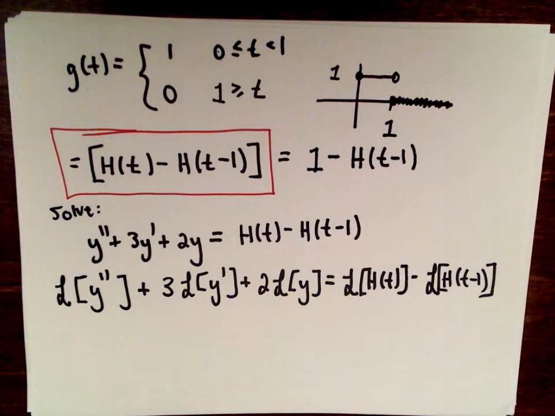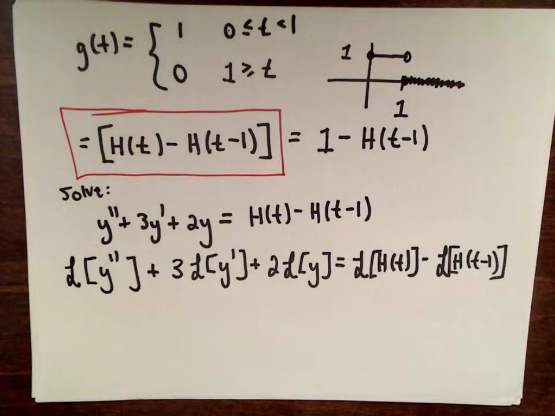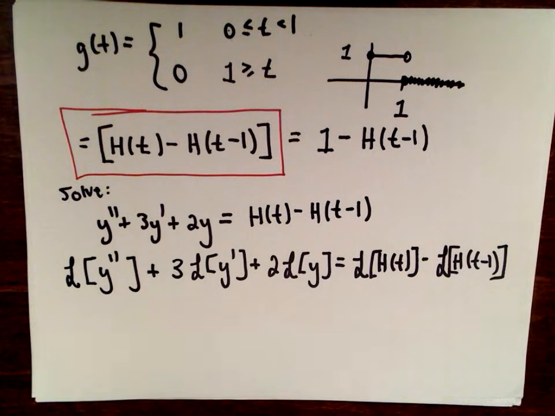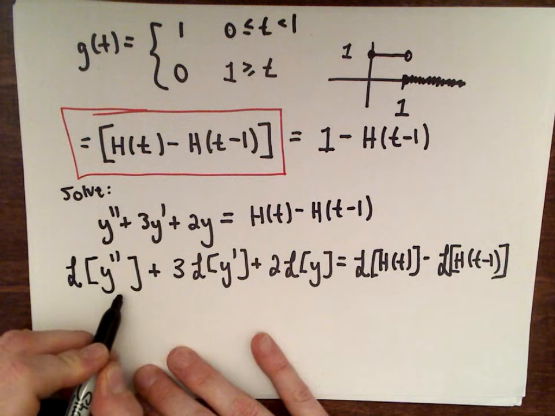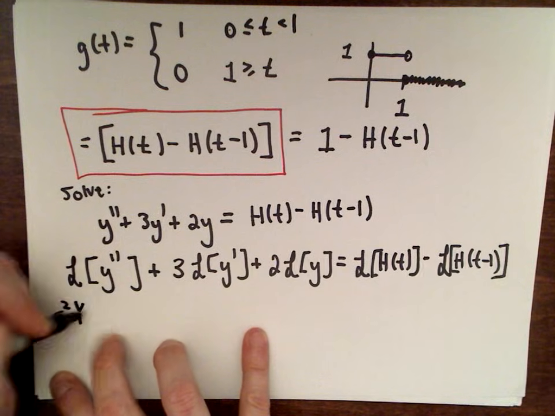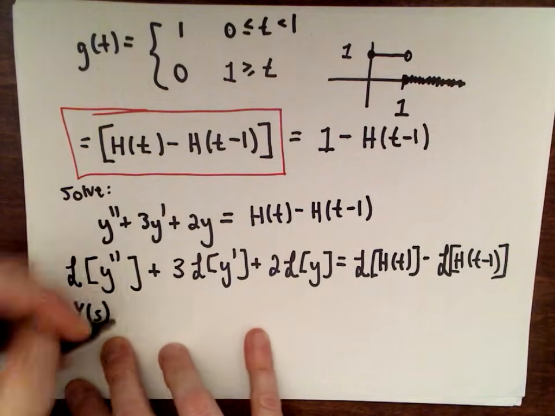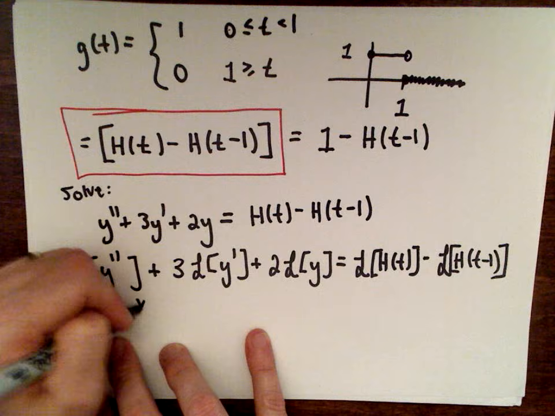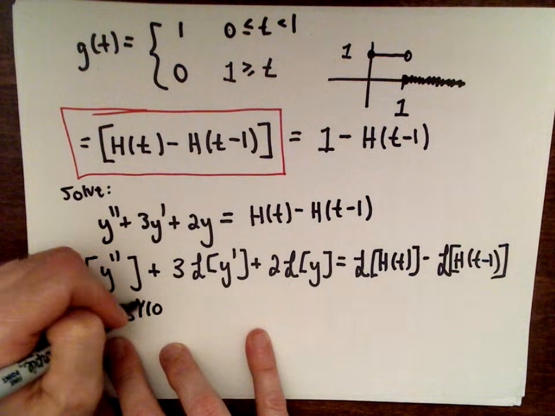Okay, so we're taking the Laplace transform here of all this stuff. And recall, you can check the Laplace transform of y double prime. That's given by the formula. That's going to be s squared capital Y of s minus s times little y of 0.